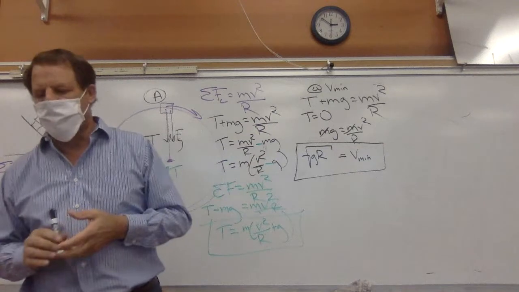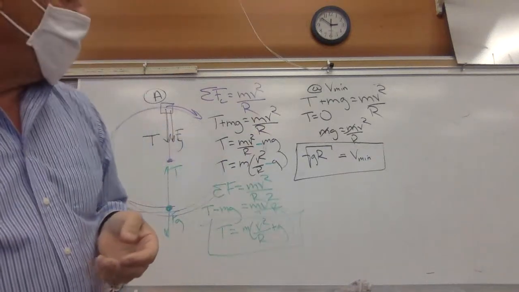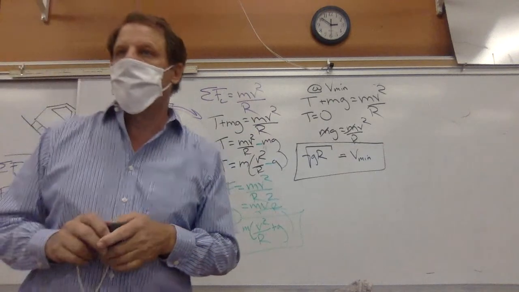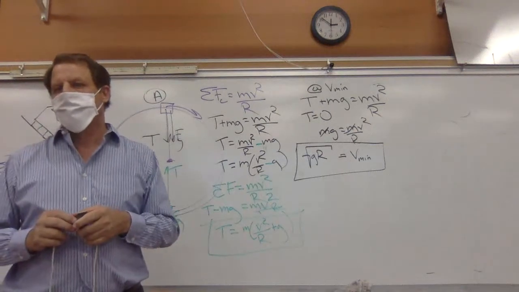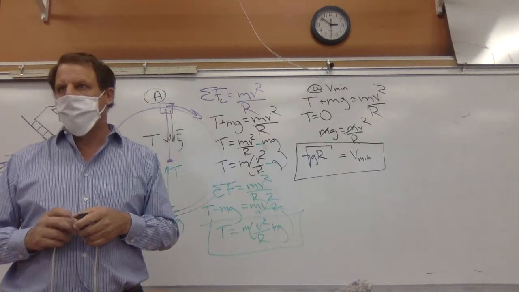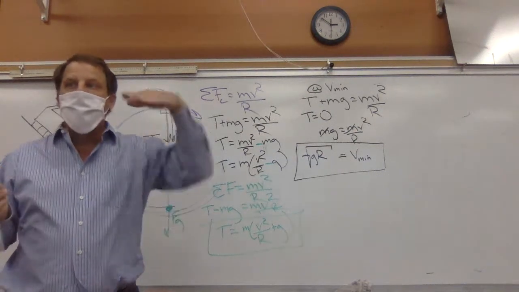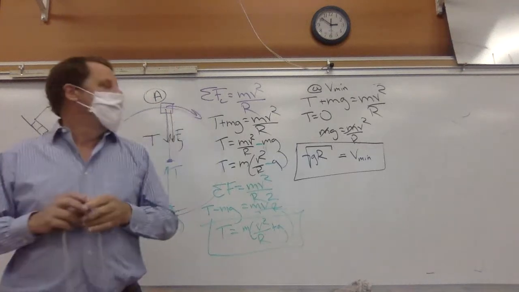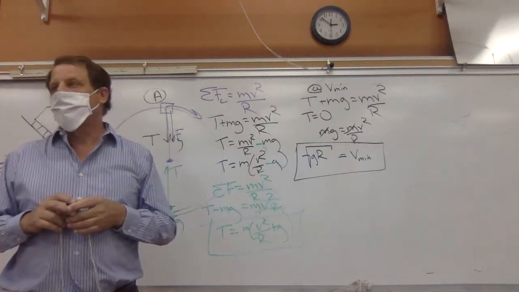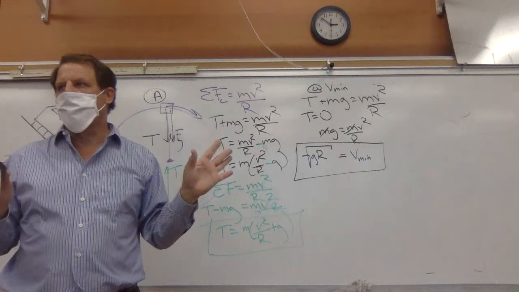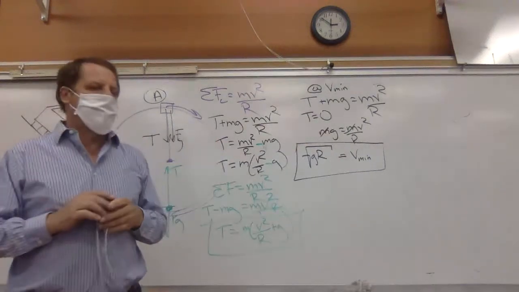So the minimum velocity that you have when you're going on the inside of a circle is the square root of gr, because now only gravity is making it go towards the center, because the tension goes to nothing.